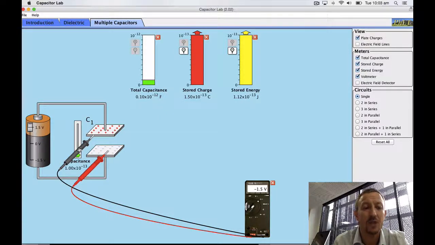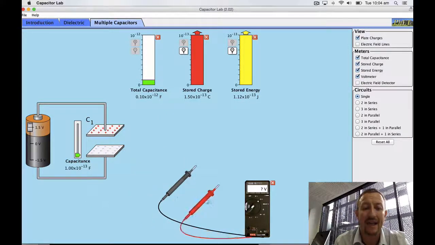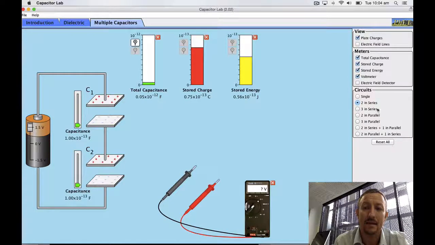Now the question is, what happens when we start adding extra capacitors? So let's add an extra capacitor. Now, if you look over here, we can change the circuit by adding series and parallels. Firstly, let's have a look at what happens when I add a second capacitor in series.